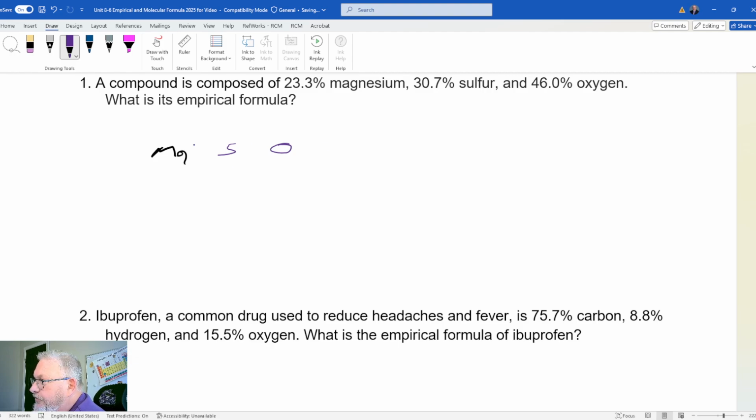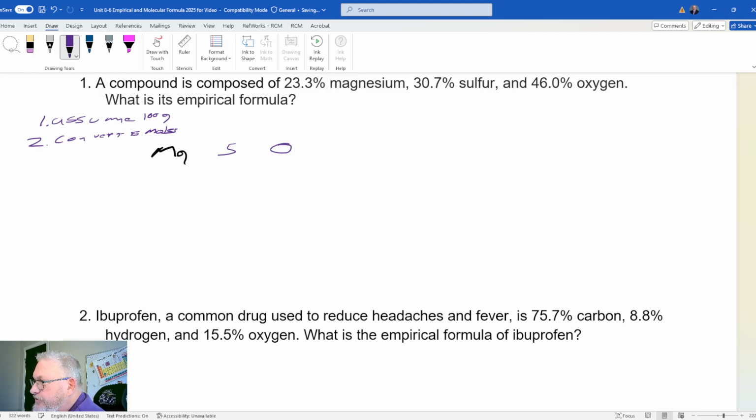Okay, so number one, assume 100%, or assume 100 grams. That's what I mean, 100 grams, if it's 100%. Number two, convert grams into moles.